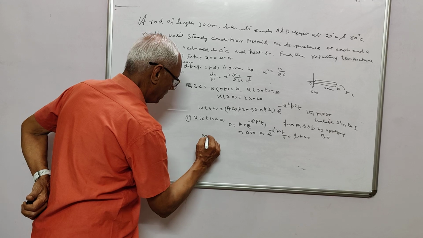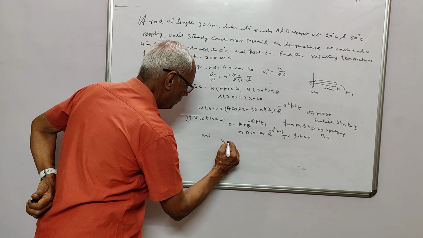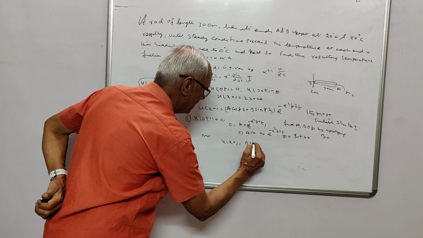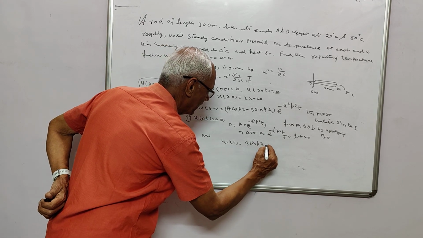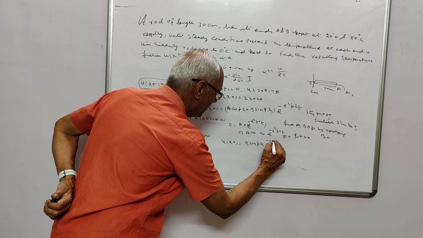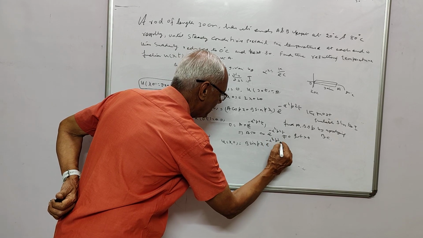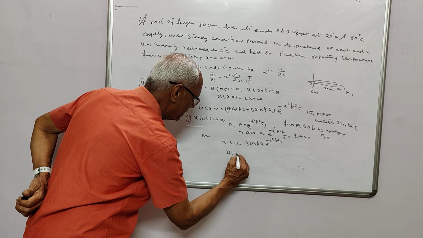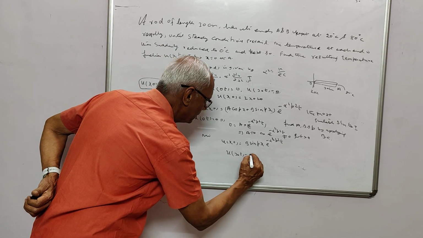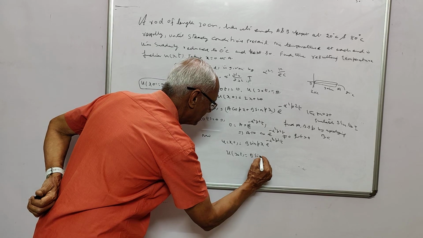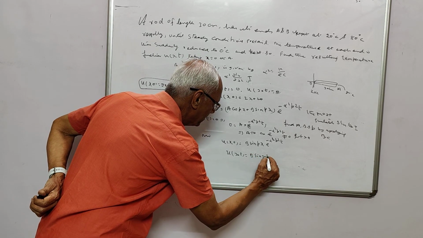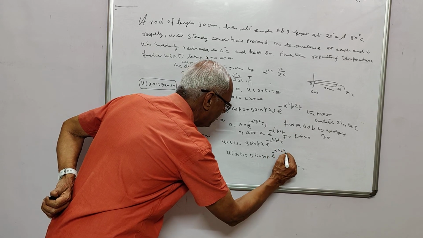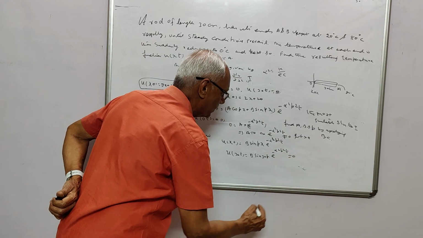Now U of x,t is equal to b sin px into e to the power of minus alpha squared p squared t. Now apply the second boundary condition. It is U of 30,t is equal to b sin 30p into e to the power of minus alpha squared p squared t is equal to 0.